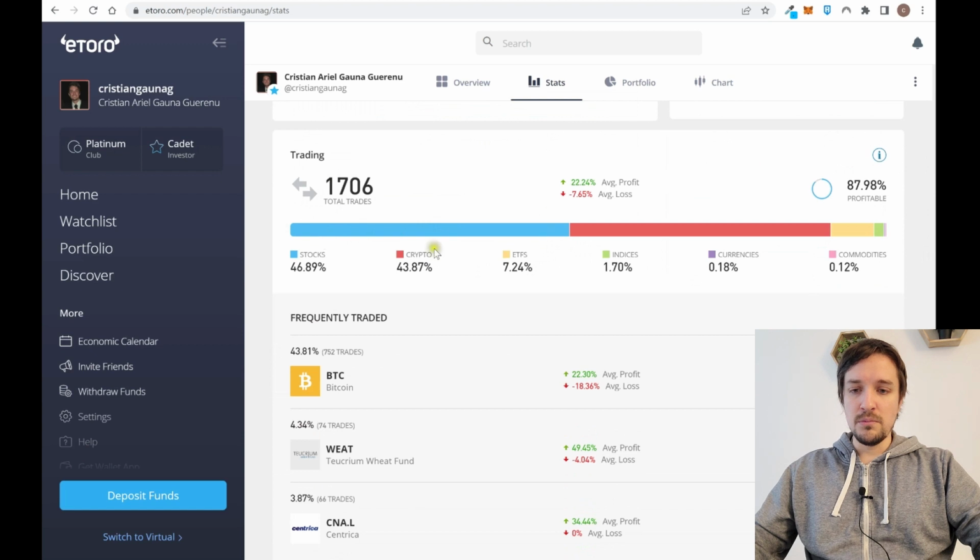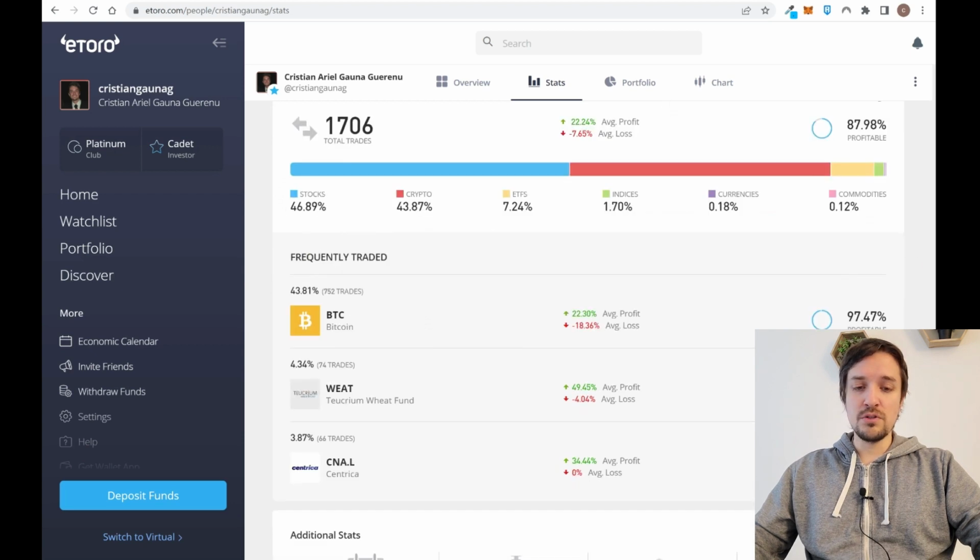In most cases I trade stocks, but I also trade a lot of crypto, ETFs, indices, currencies and commodities. They also show which are the most frequent trades. Last year I traded Bitcoin, wheat, the ETF of wheat, and also one specific stock related to oil.